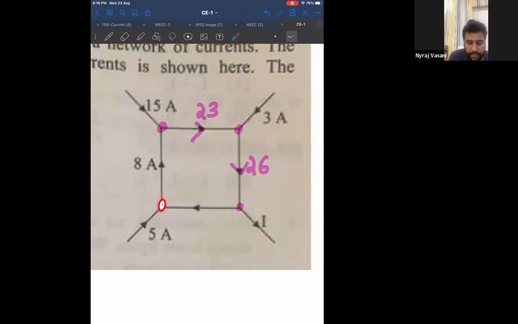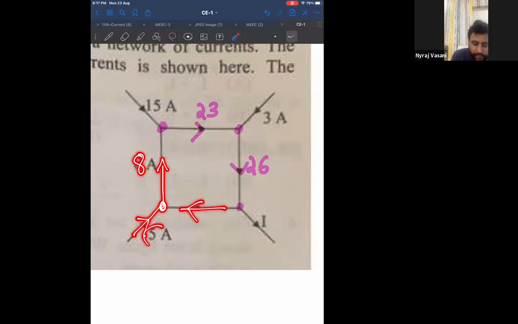Now can I say the total current leaving from this node is 8 ampere? That means total current entering also should be 8 ampere. Can I apply that logic now? Because here I am stuck, since two unknowns are there. But I have one point which I have not analyzed. The total current leaving this junction is 8, therefore the total current entering will also be 8.